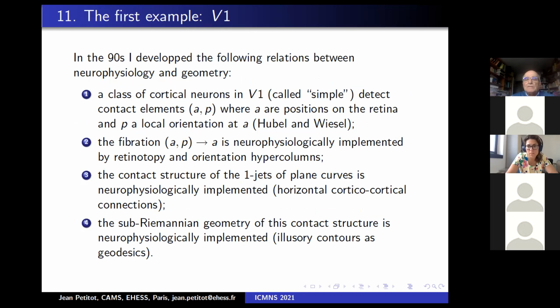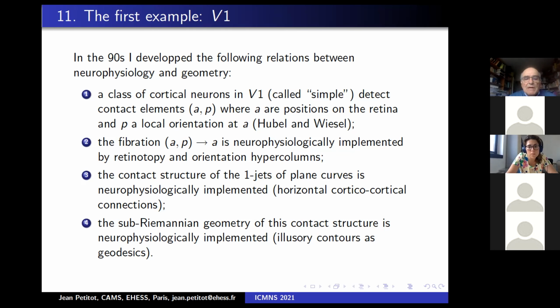It was the work of the Nobel Prize winners Hubel and Wiesel. Second, the fibration (a, p) over a, with fibers the projective line of orientations, is neurophysiologically implemented by retinotopy and orientation hypercolumns. Third, the contact structure of the one-jets of plane curves is neurophysiologically implemented by horizontal cortical connections.